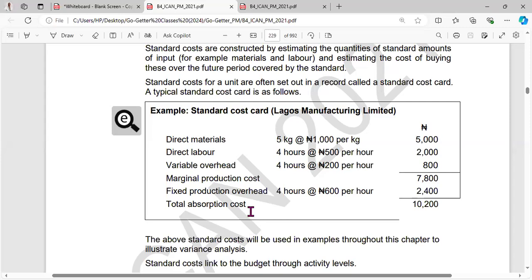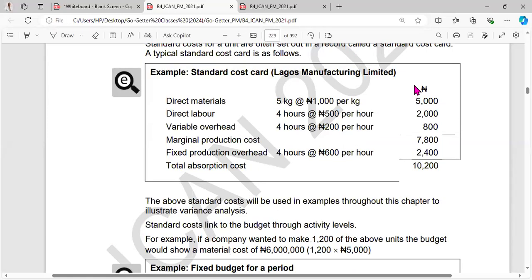So you will always be given your standard cost card in your exam. So watch out for your standard cost card. You are not the one to set the standard cost card in the exam, it will be given to you. Now, I want you to look at this Lagos Manufacturing Limited.